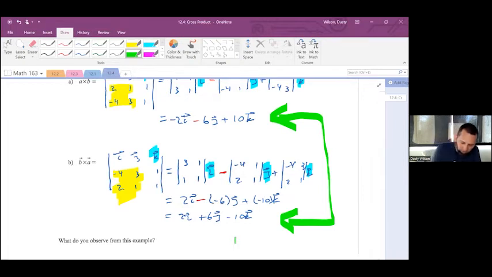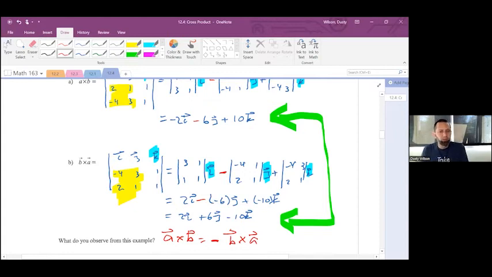We observe that A cross B is equal to negative B cross A. So this may be the first example that you had in your mathematical career where multiplication is not commutative, right? The order does matter in the multiplication.